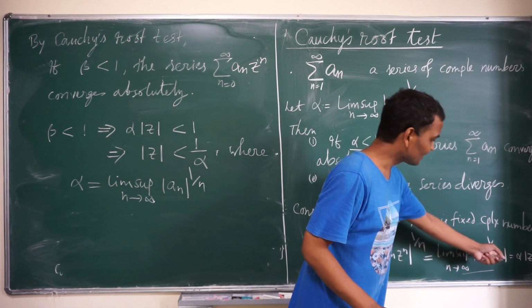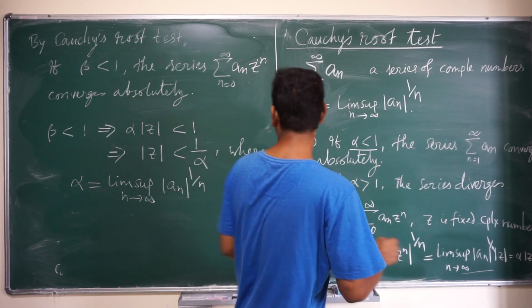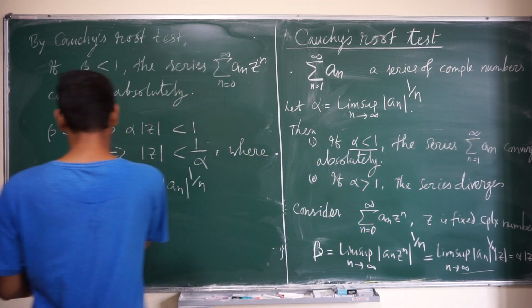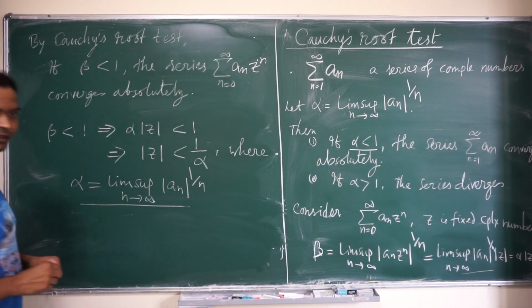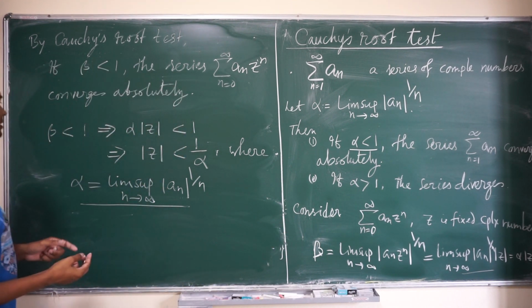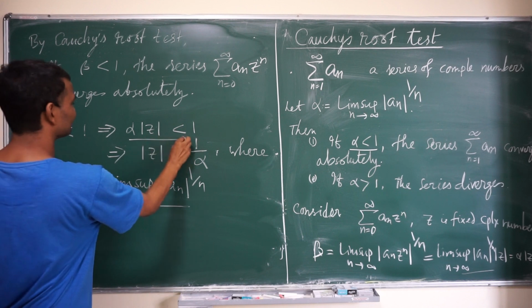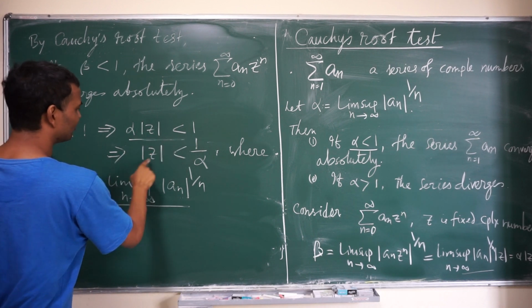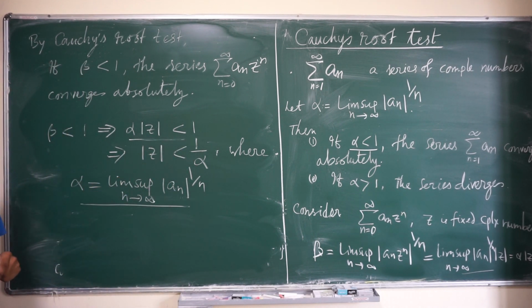That comes to alpha times mod z, where alpha is this one. Now if beta has to be less than 1, this has to be less than 1, which means mod z is less than 1 over alpha.